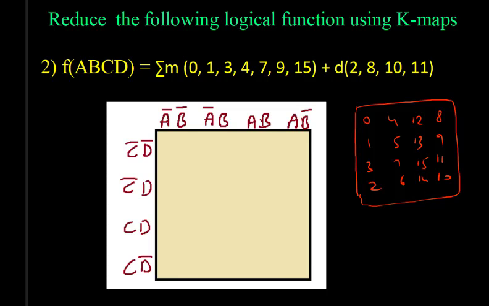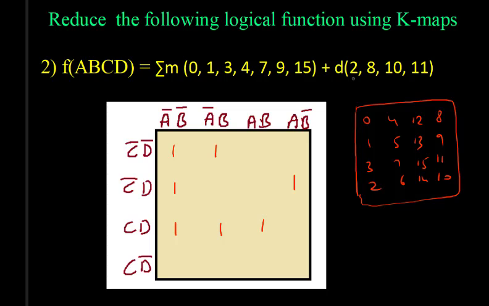So let us first draw the K-map and put the entries. 0 comes here, then 1, then 3 is here, then 4 comes here, then 7, then 9, and finally 15 comes here.